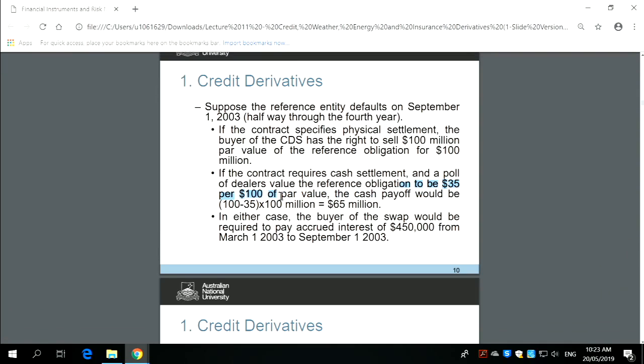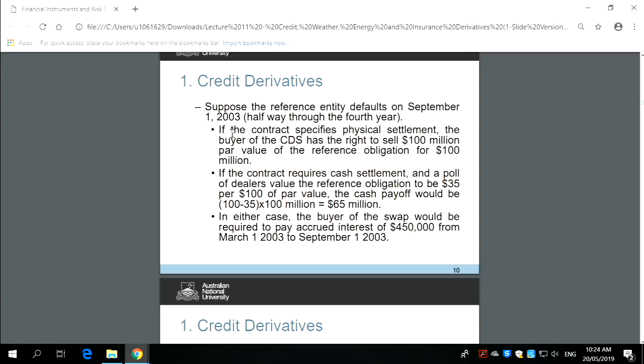So we can recover 35% of the par value from the auction. And then the seller of the CDS needs to compensate us for the remaining 65% of the notional principal. So how much is that? 65% times 100 million notional principal, the seller of the CDS needs to pay us $65 million for the cash settlement.